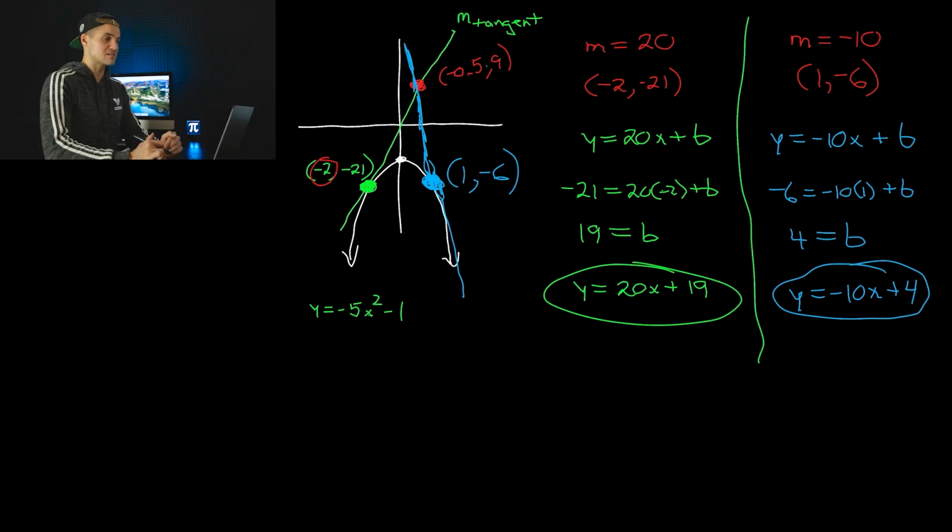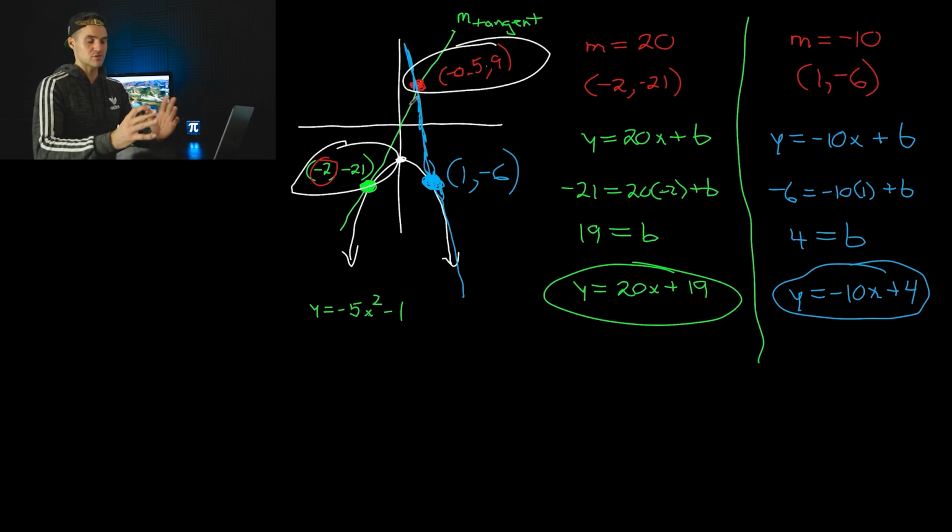And then on a test, if you do have time to check, you could try to find the equations for both of these tangents the grade 9 way, right? Taking this point and this point, doing y2 minus y1 over x2 minus x1, the slope you get should be 20. Plug that into the line and solve for the b value, right?